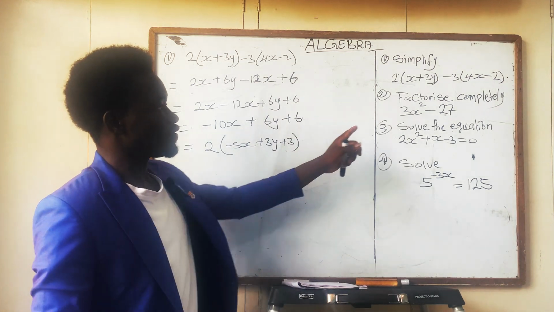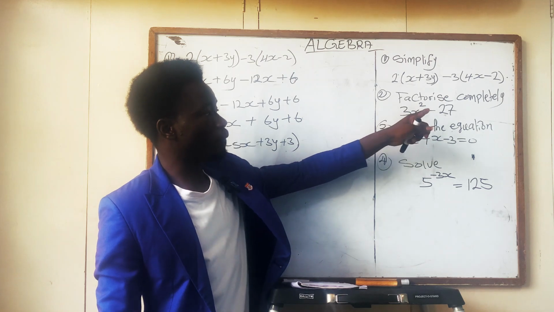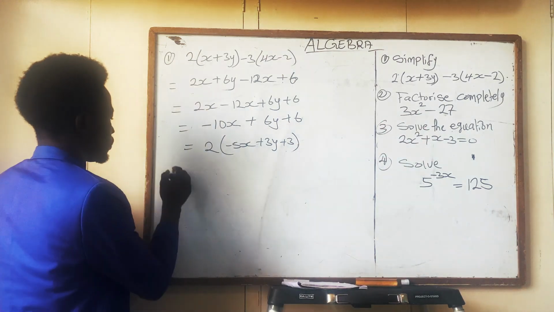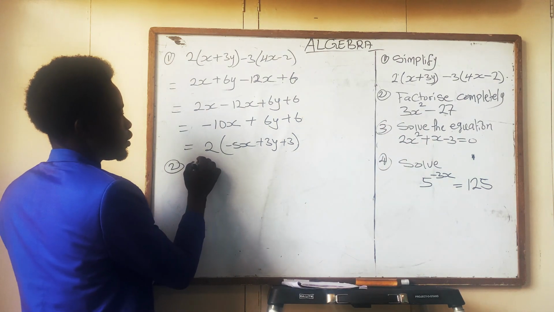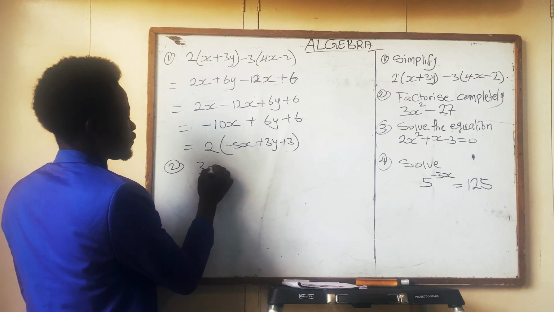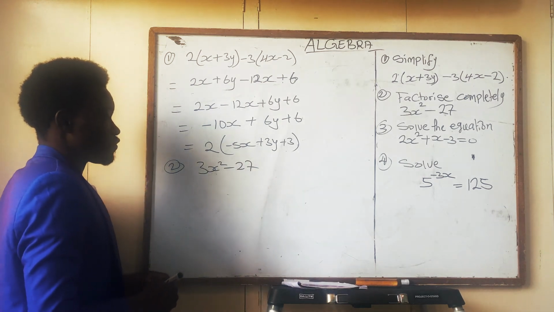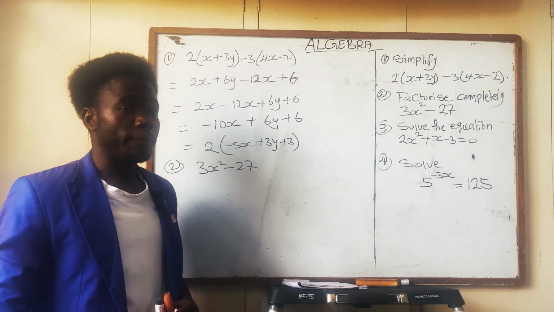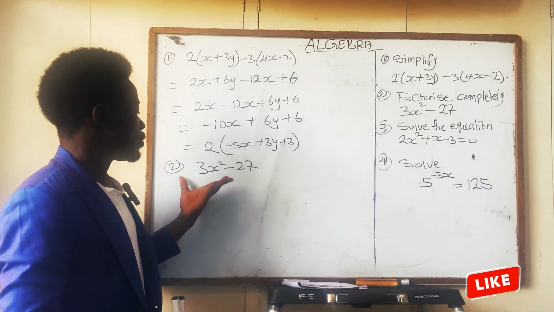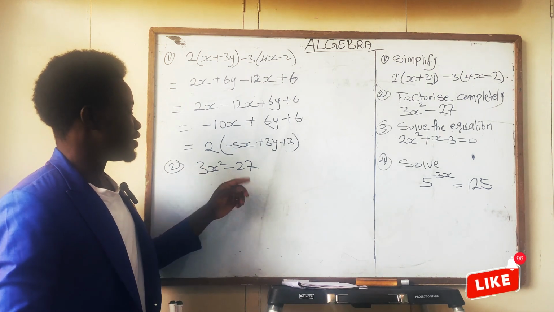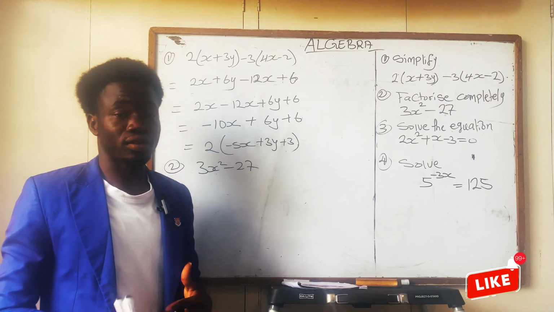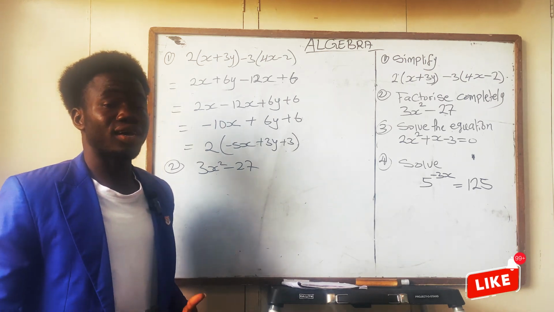Now the next question says to factorize completely 3x squared minus 27. So factorize it completely. So you first look at 3 and 27. If there is a common factor among them, you have to factor that out.